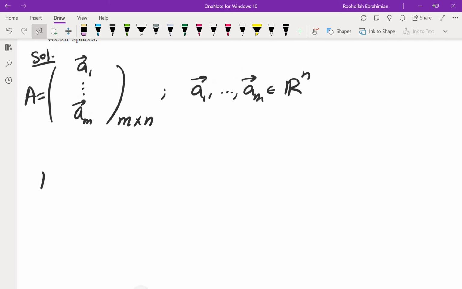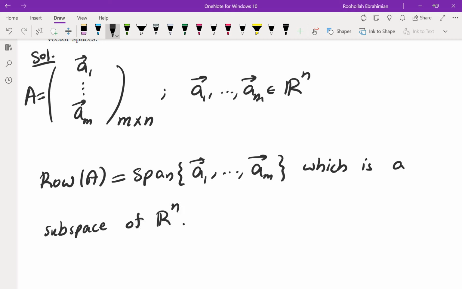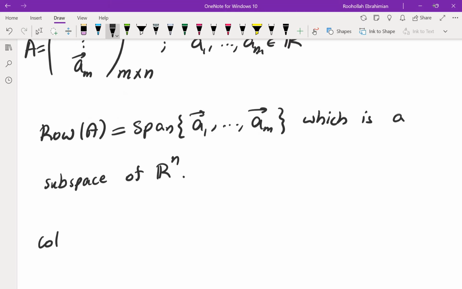So if you look at the row space of A, by definition, the row space is just the span of these vectors. And in a previous example, we showed that it is a vector space, so it is a subspace of Rn. And similarly, if I look at columns, the column space of A is a subspace of Rm.